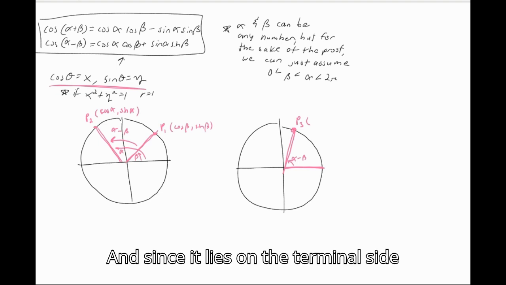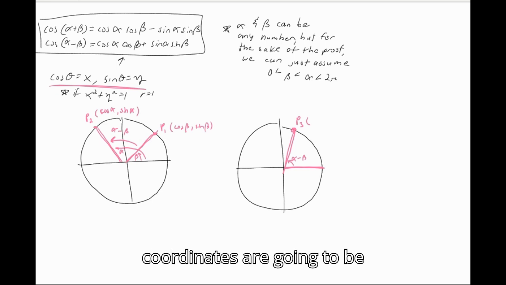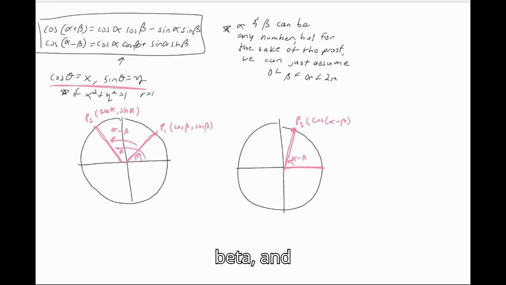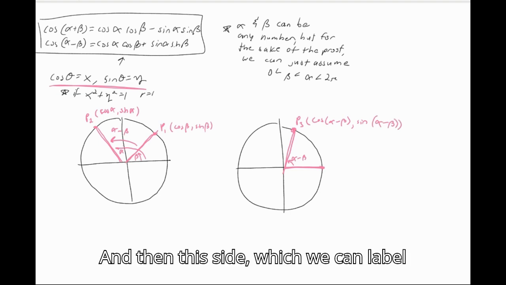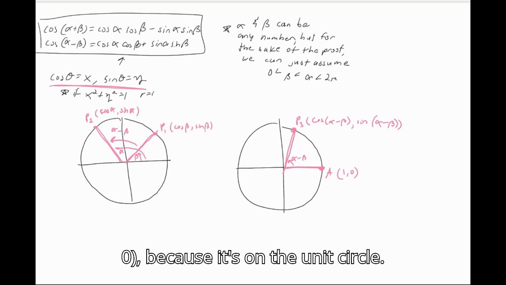And since it lies on the terminal side of alpha minus beta, the point's coordinates are going to be cosine alpha minus beta, and then sine of alpha minus beta. And then this side, which we can label just A, is going to be 1, 0, because it's on the unit circle.